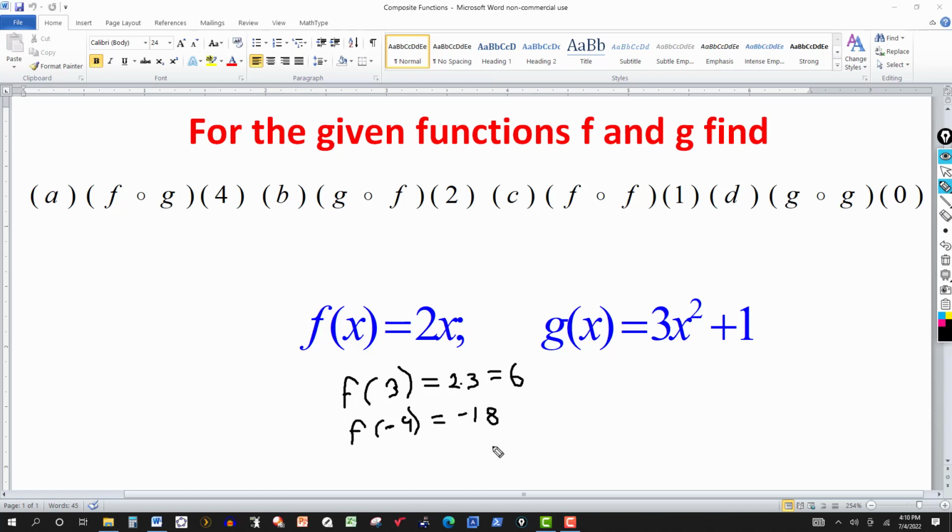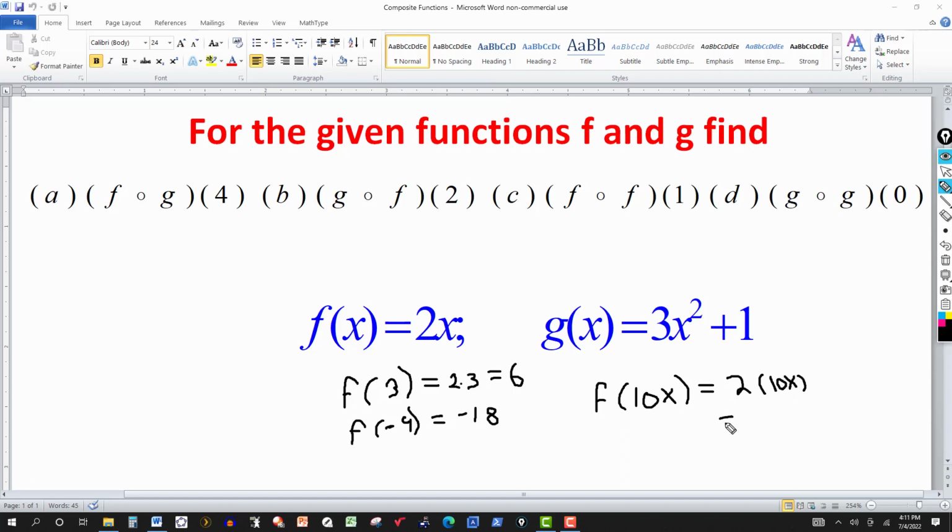But you can also evaluate an expression. For example, I can say, what is f of 10x? Instead of a number, I have an expression. Same thing. We want to evaluate f of x equal to 2x at 10x. This would just be 2, and where the x is, we put the 10x.